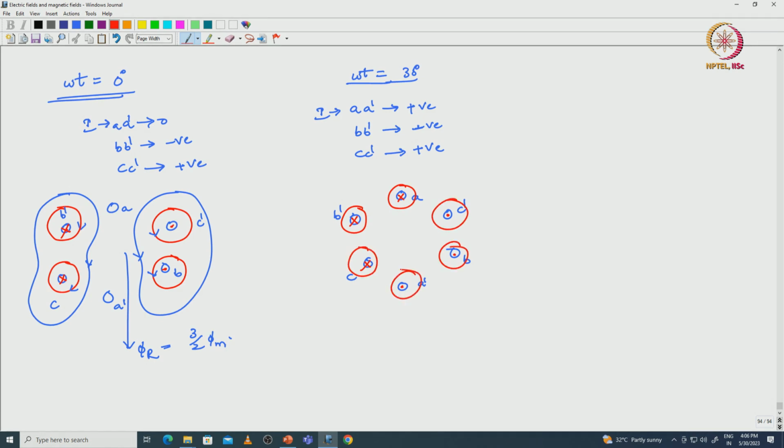I have drawn one flux loop, but there are n number of flux loops. And with respect to the thumb rule, all crosses will be in a clockwise direction and all dots will be in anti-clockwise direction.